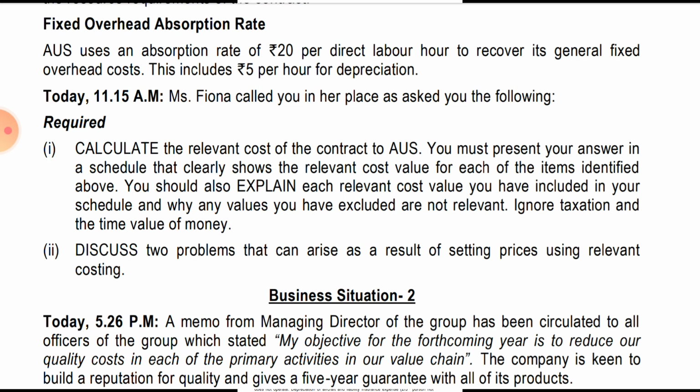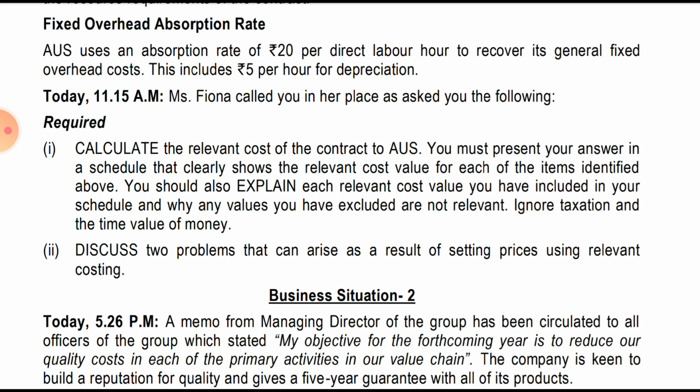You should also explain each relevant cost you have included in your schedule and why the values you have excluded are not relevant. So we have to give the reasoning also for why we included them and why the excluded costs are not relevant.